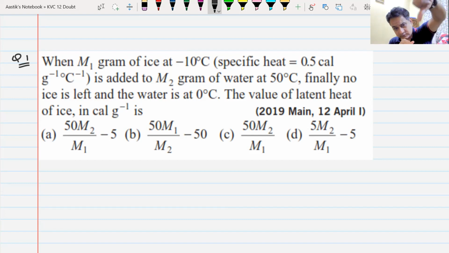Write it in big stars. If a question comes from one topic in one session, in the next session, the question will come from the same topic.